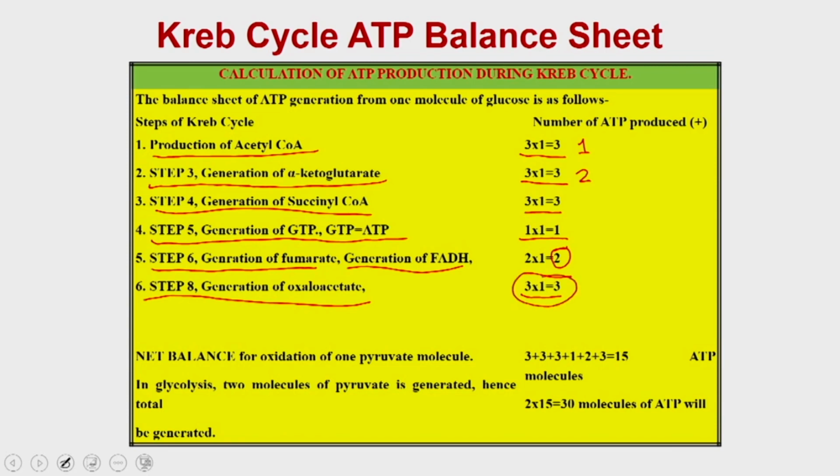So, let us see what is the net balance. The net balance of one molecule of pyruvate, when it goes into oxidation, is 15 ATP molecules, and in glycolysis you generated 2 molecules of pyruvate.